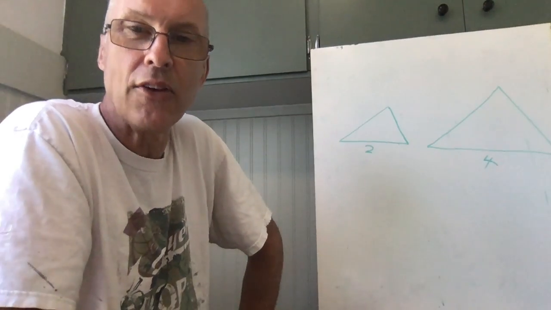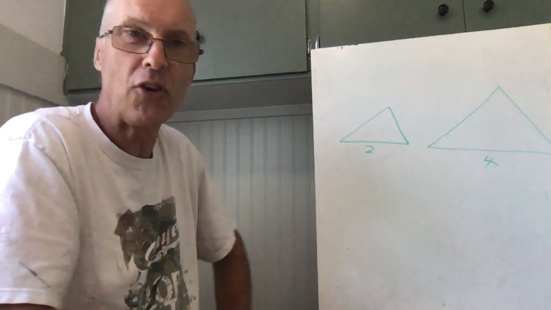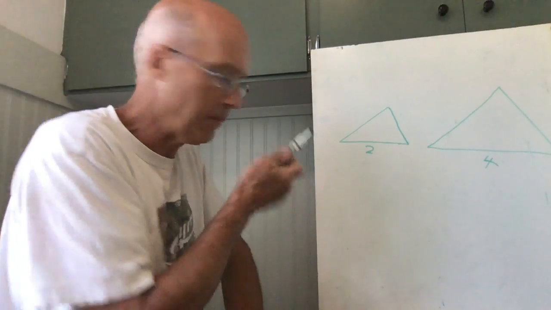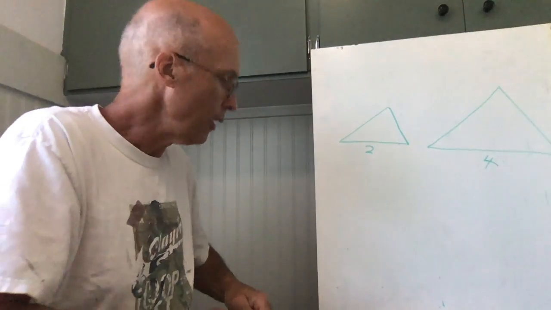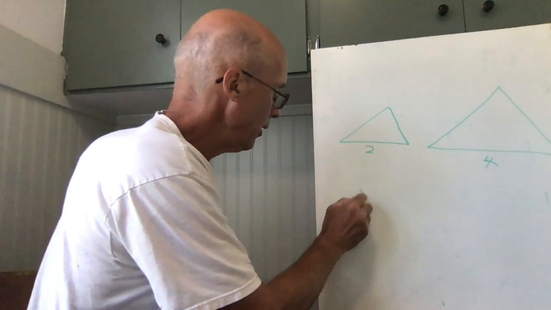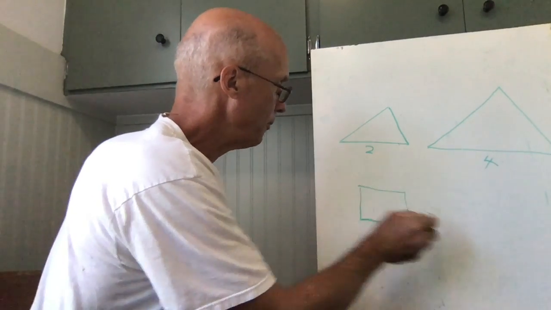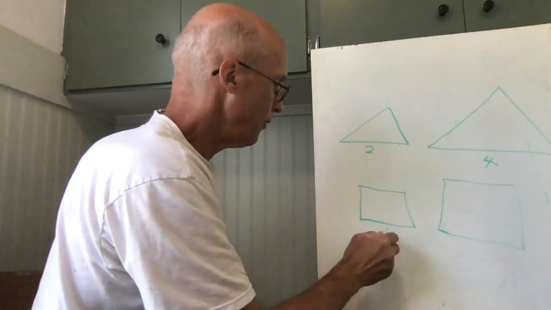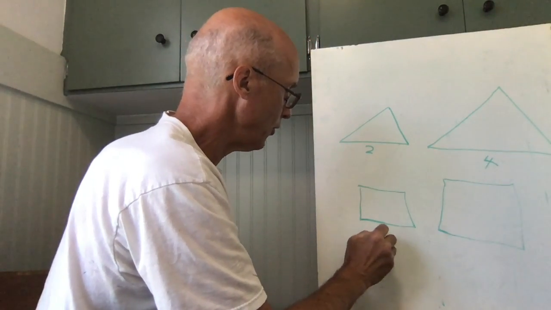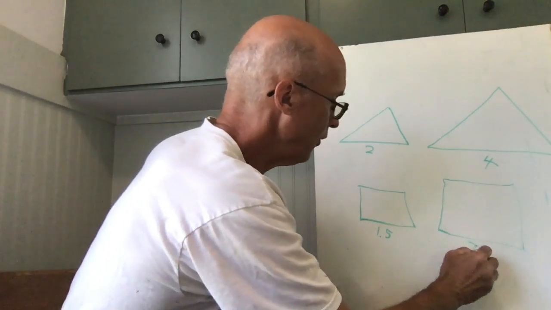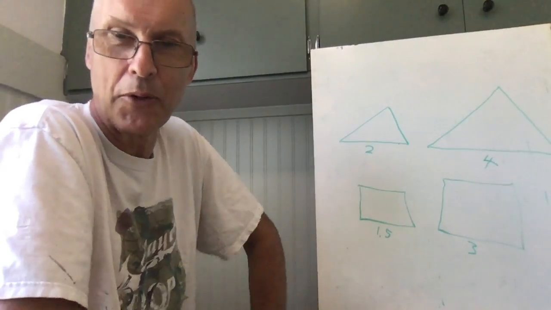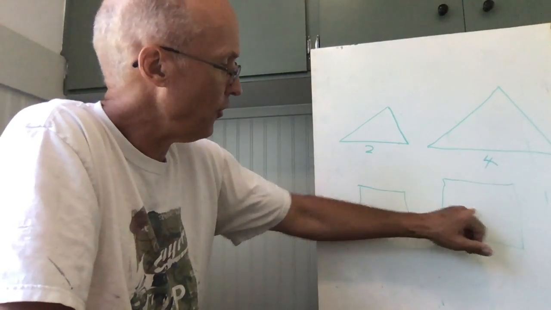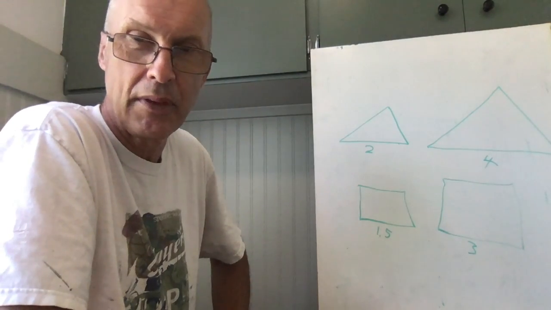When we talk about area, there's also going to be a corresponding proportion, but the deal is, think about, let's see, how can I explain this? It's maybe easiest if I do a rectangle. If this rectangle is 1.5 and this is 3, just because I'm so uncreative and I'm going up by 2. So we know that the perimeter of this is going to be twice as much as this.